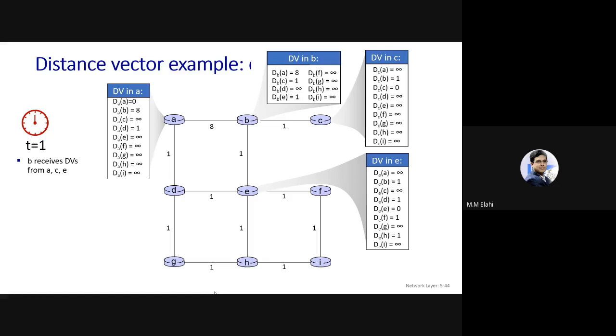Similarly, in the initialization of distance vector C, C to A is infinite, C to B is 1, then C to C is definitely 0. Then dC to D and all other infinite.